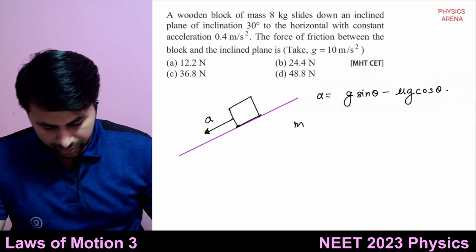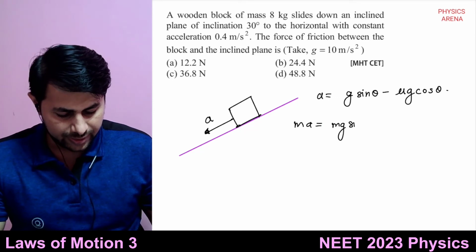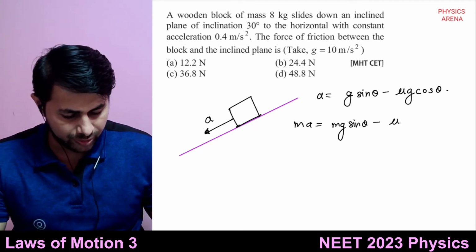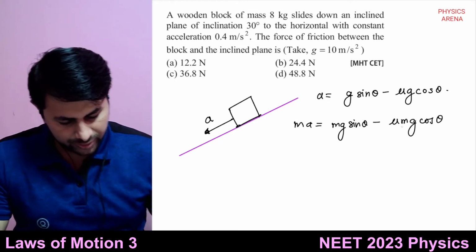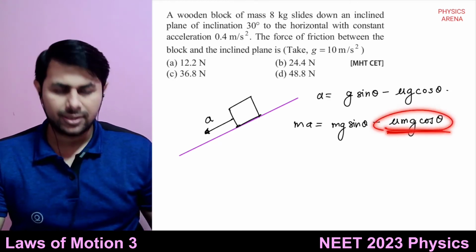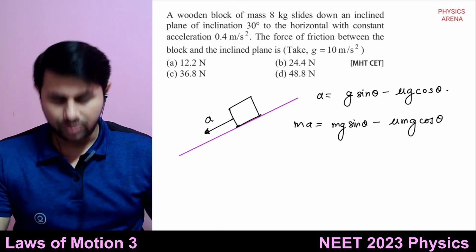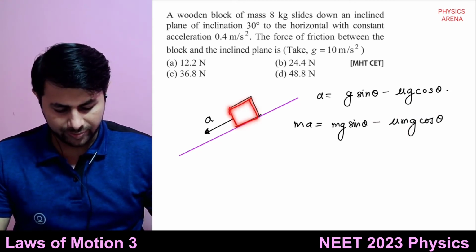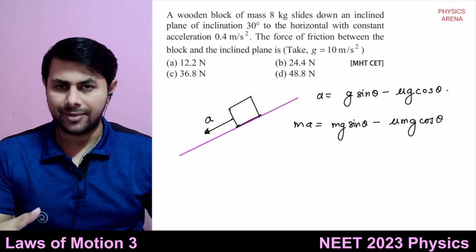If I multiply this with m, so this is what we will memorize. Okay, so m into a is equal to mg sin theta minus mu mg cos theta. Okay, so what is this thing? This is force of friction, if you remember. So there are two forces acting on this block, along that inclined plane.